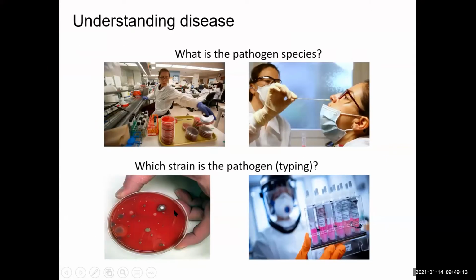Okay, so when we're thinking about disease, we want to understand the pathogen that causes the disease. This is very simple. That's where we start. Many of you will be familiar with this kind of scene in the top left panel of a clinical microbiology lab.